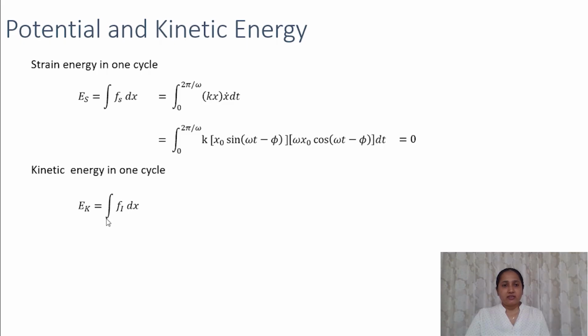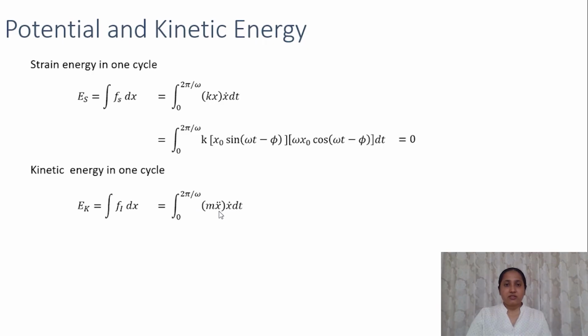So the kinetic energy would be the integral of the inertia force times dx, and we know that this inertia force is equal to mass times acceleration, and dx is x dot dt. If we substitute the values of acceleration and velocity, we get this expression.